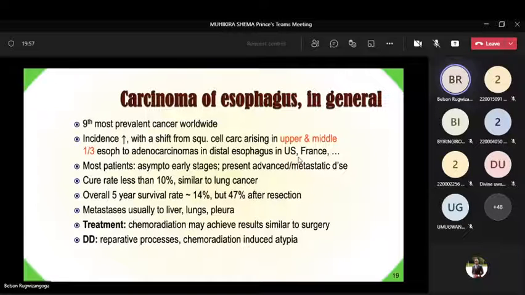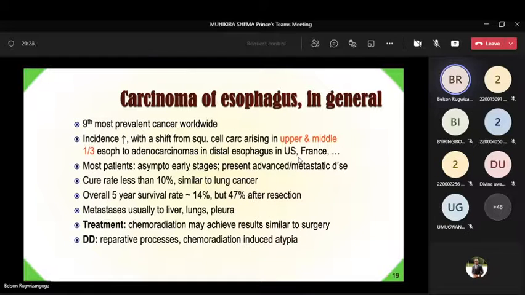The cure rate is less than 10%, meaning that those who are completely cured, they are less than 10%, and this is similar to lung cancer. So the overall 5-year survival rate, meaning that if you have 100 patients with esophageal carcinoma, after 5 years, only 14% will be surviving.